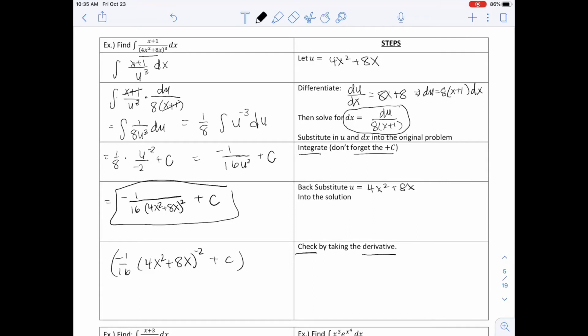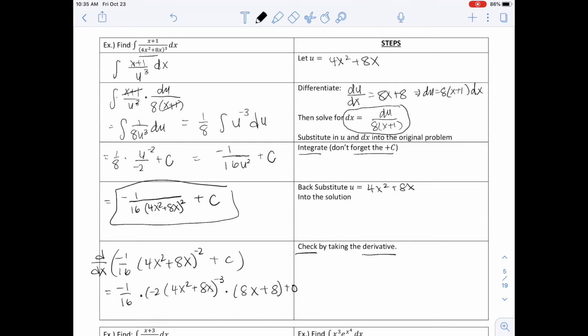And taking the derivative of this with respect to x is going to be -1 over 16 times -2 times (4x squared plus 8x) to the -3rd times the derivative of the inside function, which is going to be 8x plus 8. Derivative of c is just going to be 0.